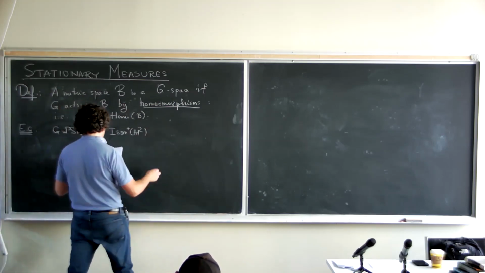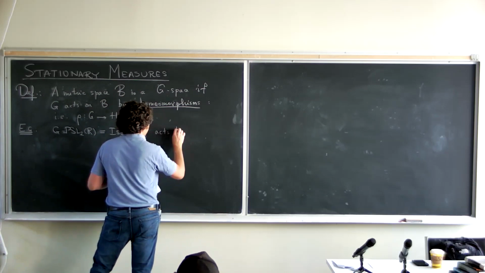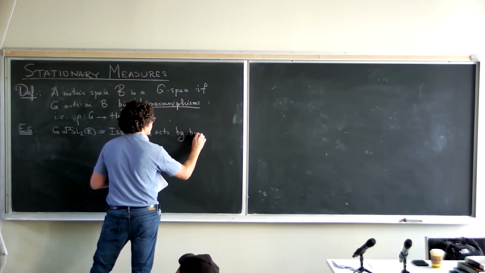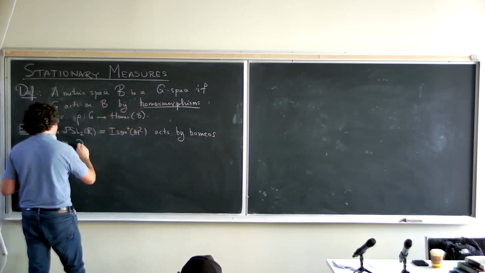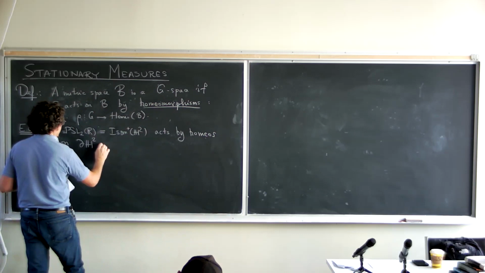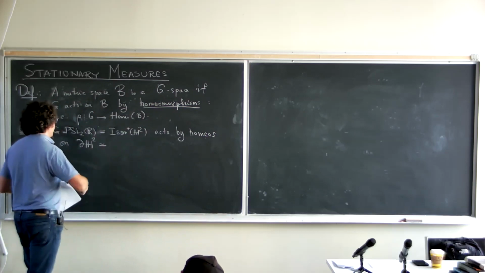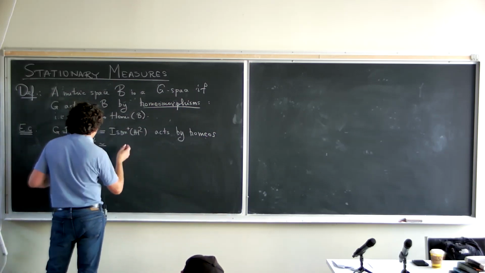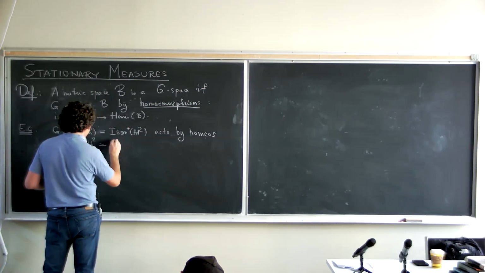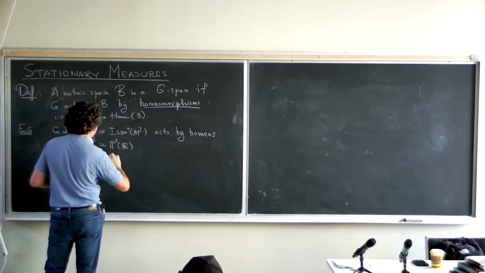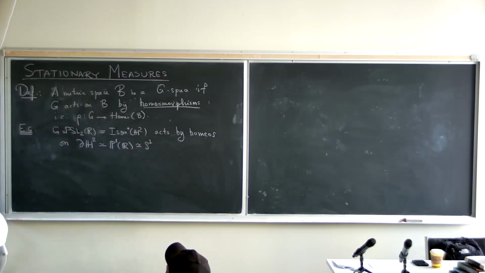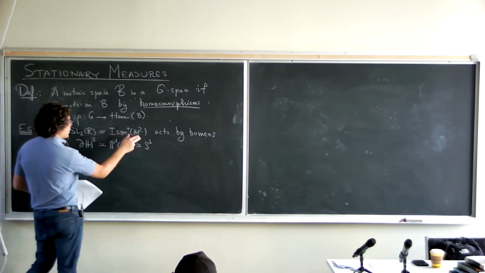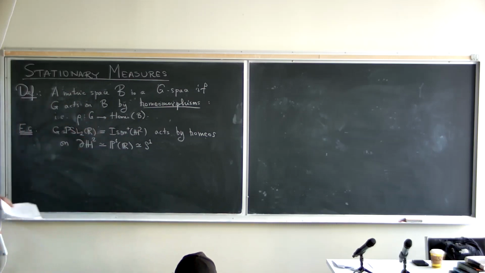It acts by homeomorphisms on the boundary, which we can call in many ways: P1 of R, or basically S1. So again, the action inside is by isometries, but the action on the boundary is just by homeomorphisms.